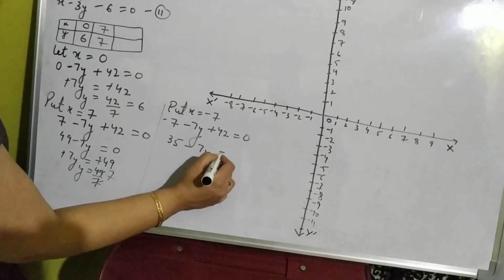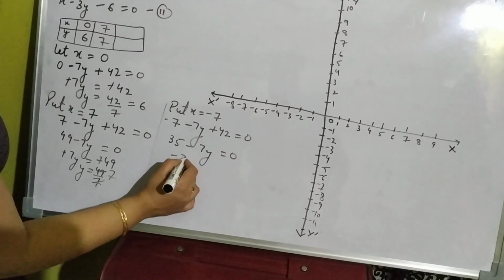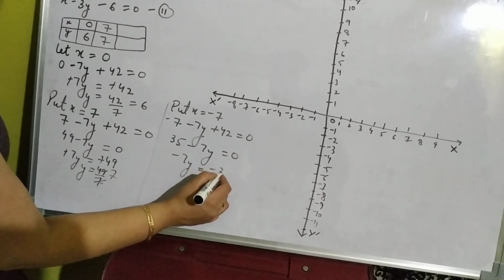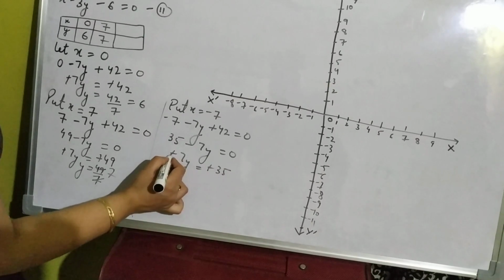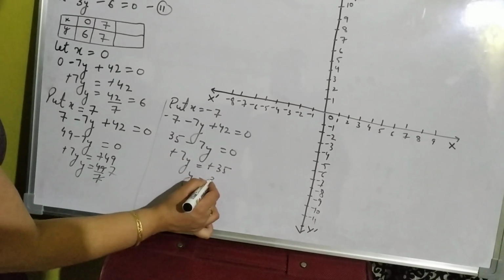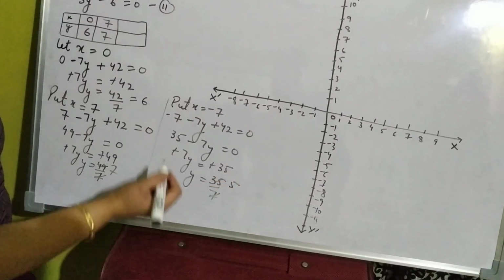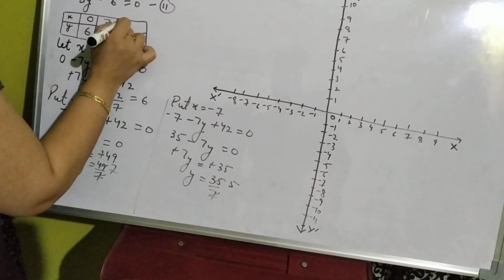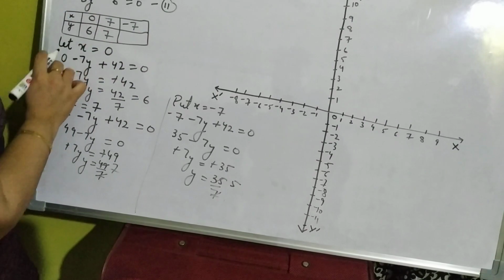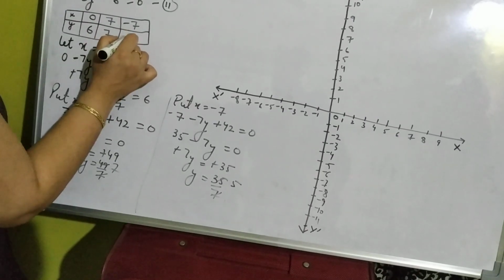Minus 7y is equal to minus 35. Minus minus cancel. y is equal to 35 upon 7, which is equal to 5. It means if you put x is equal to minus 7, the value of y is equal to 5.